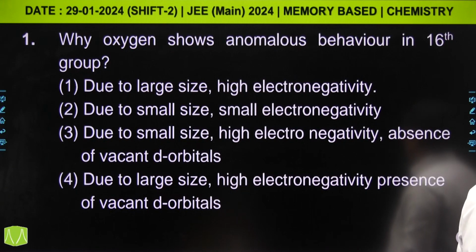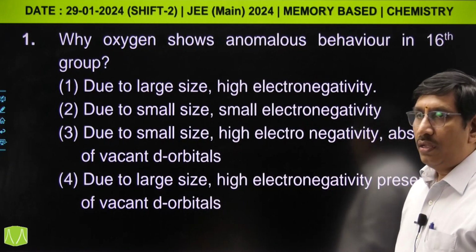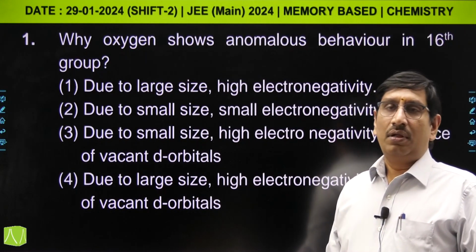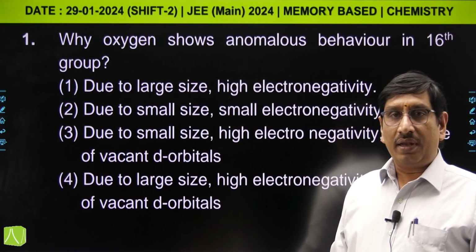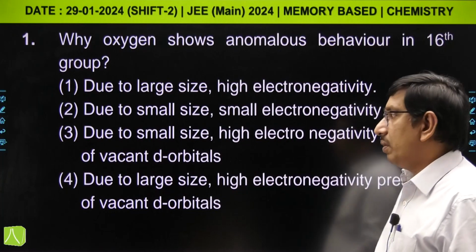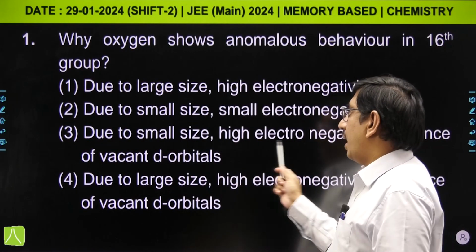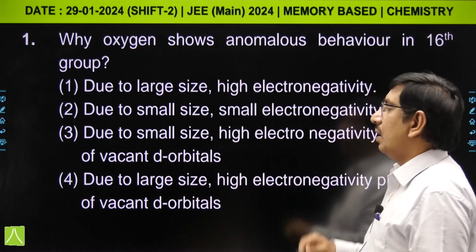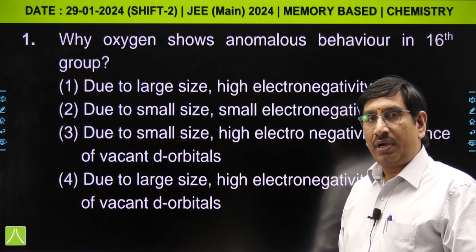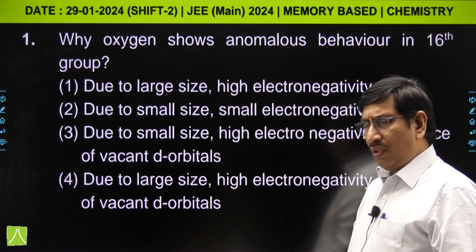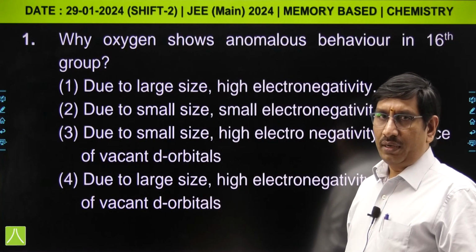vacant d orbitals. So, in the P block, the second period elements show anomalous behavior with the remaining period elements because of small size and high electronegativity and due to absence of vacant d orbitals in the valence shell of second period elements.